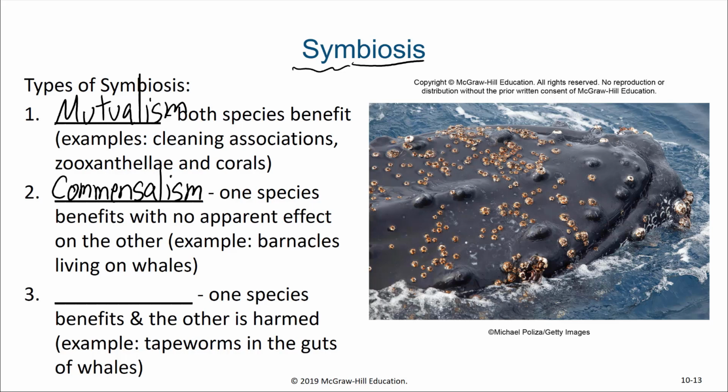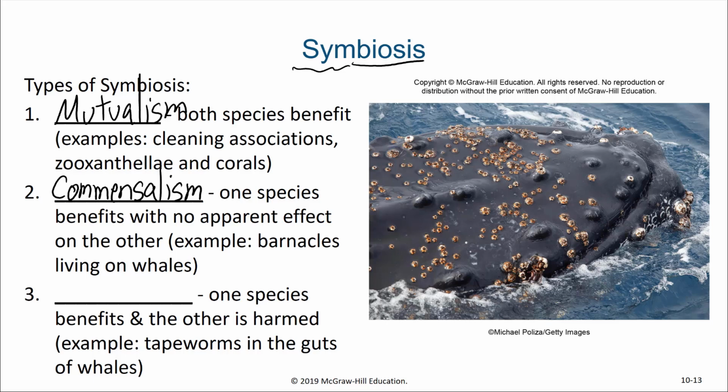An example of this are barnacles living on whales. And as we can see in this picture, there are several barnacles living on the mouth of this whale. Those barnacles are getting a free ride. They're also being exposed to fresh water and filter feeding, whereas the whales, they don't really get much out of this. So this is an example of commensalism. But with that said, the whales aren't necessarily harmed either.